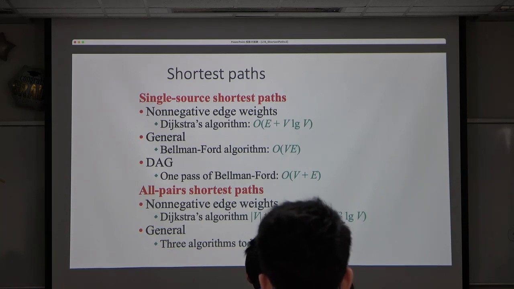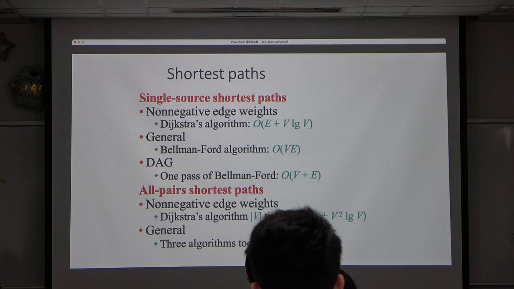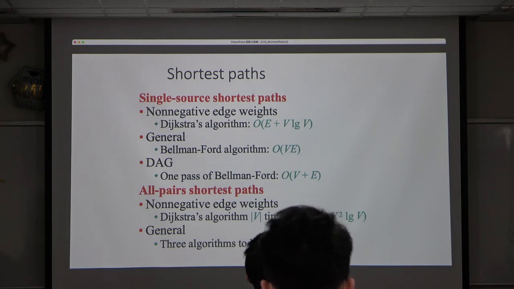Basically, you use every node as a starting node and run the Dijkstra algorithm. So it's going to be E plus V log V, times V. So the result is VE plus V squared log V. Should be very easy to understand.